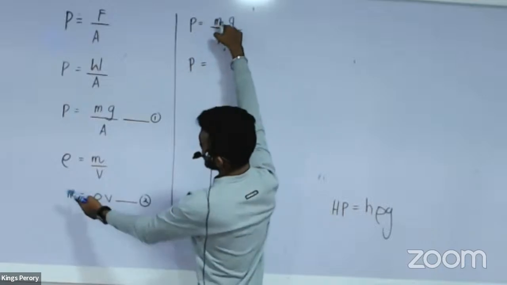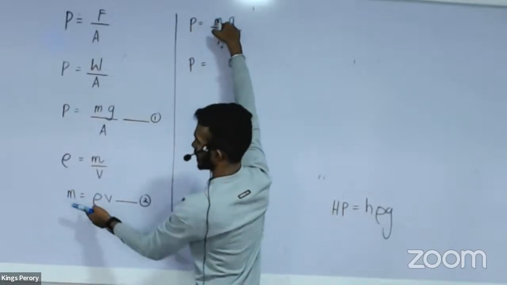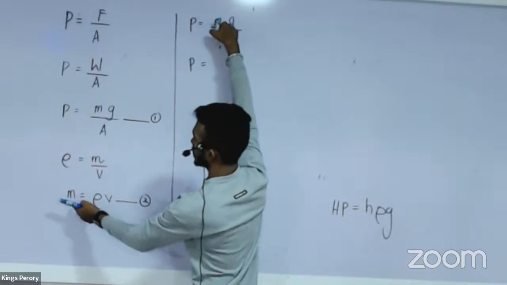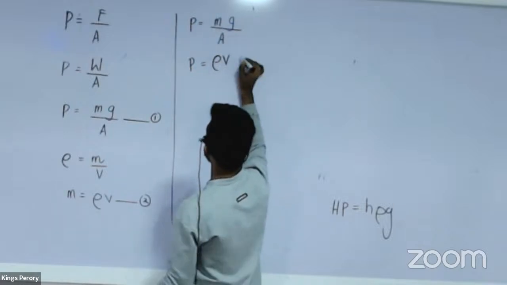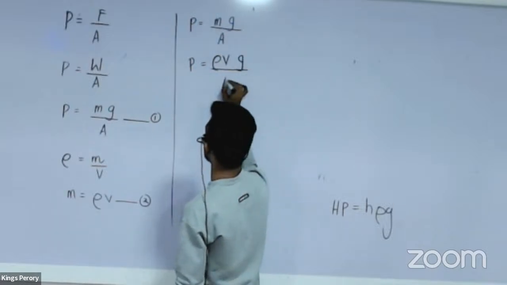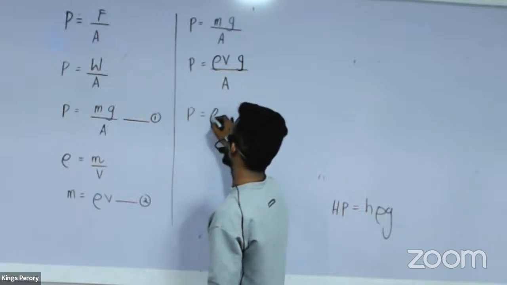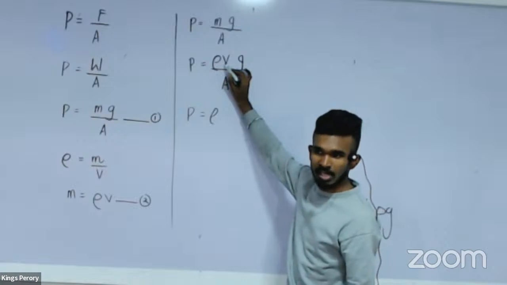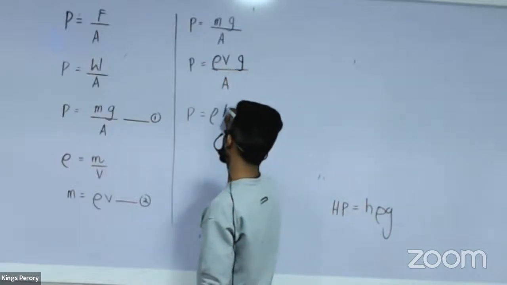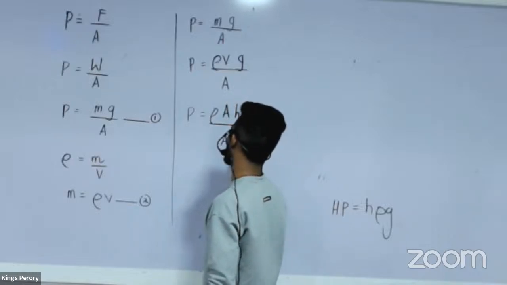Instead of mass, I can write density times volume. So pressure equals density times volume times G divided by area. If I furthermore modify it, volume is area times height. So it is density times area times height times G divided by area.